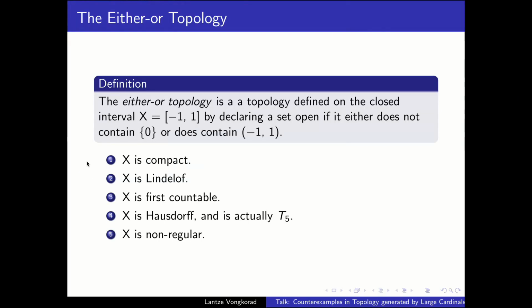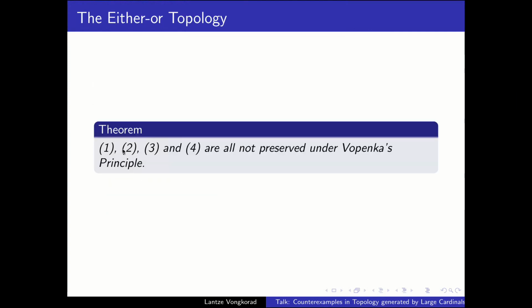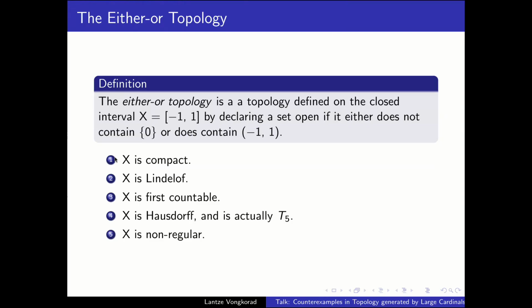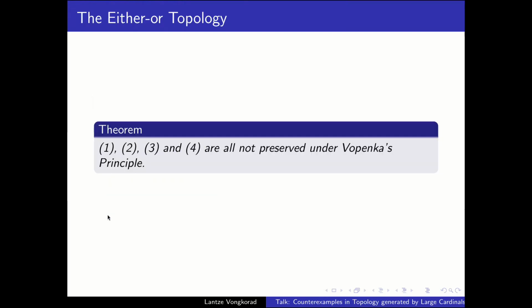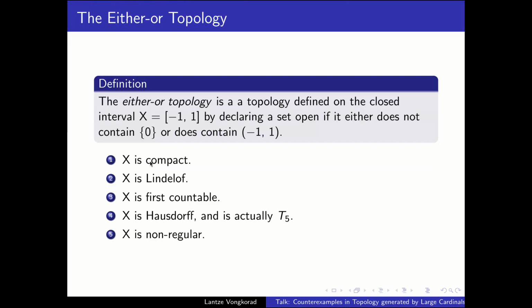And these are some 5 properties that result from the either-or topology defined on the closed interval X, and 1, 2, 3, and 4 are all not preserved under Vopěnka's principle. And it seems like 5 is pretty special in that it is preserved under Vopěnka's principle, in the same way that the Stone-Čech compactification of the real line is preserved under, well, not really indefinitely, but Vopěnka's principle.